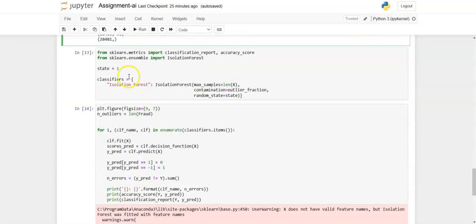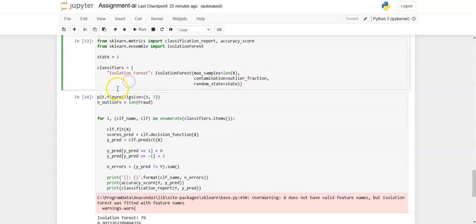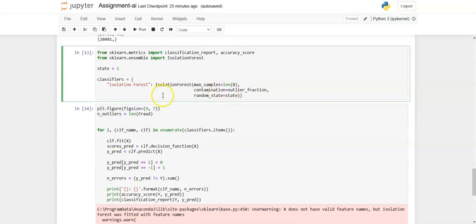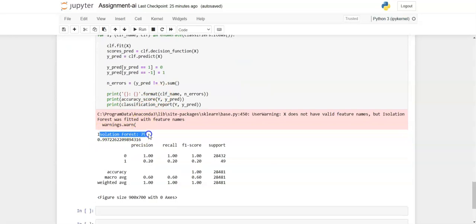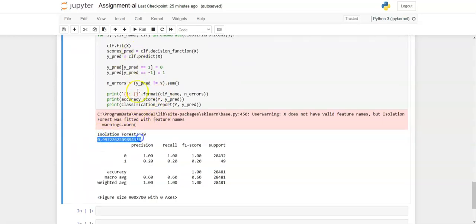Here we have imported isolation forest as the classifier. So let's go to the results of the isolation forest. The accuracy is 99.72%, which is good.